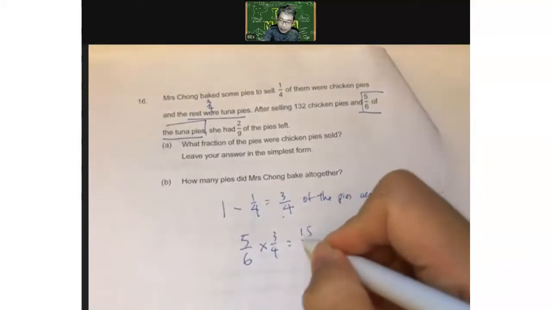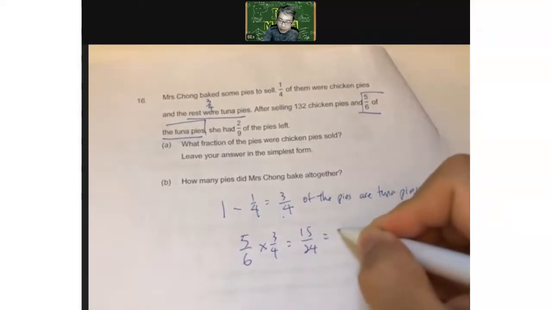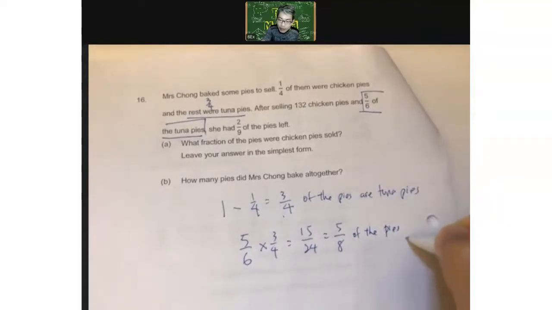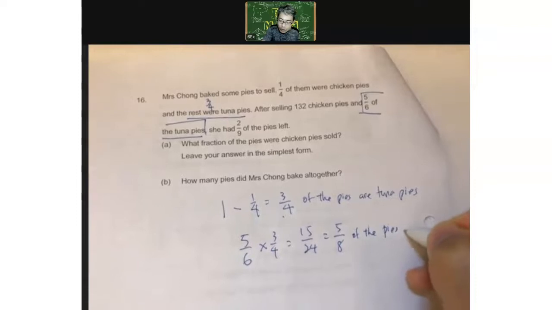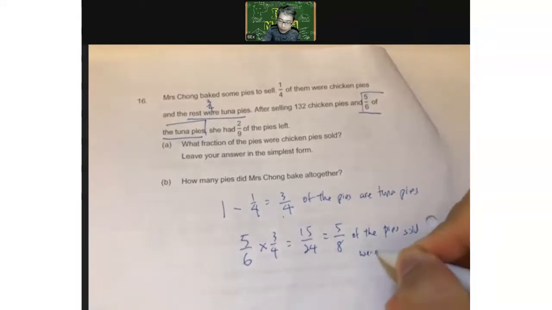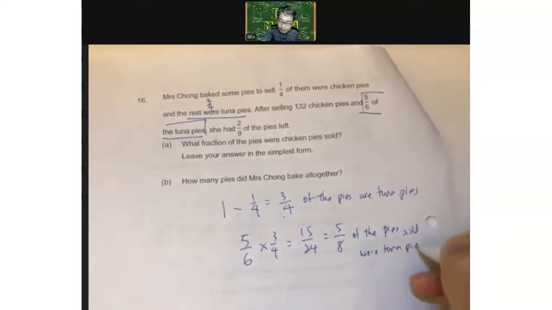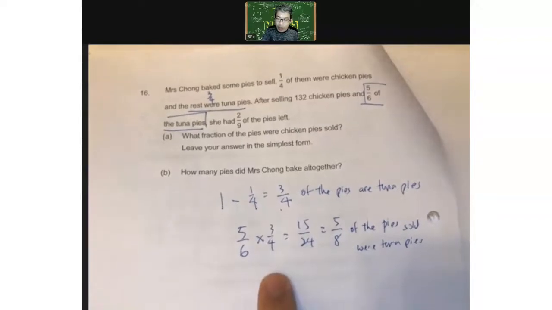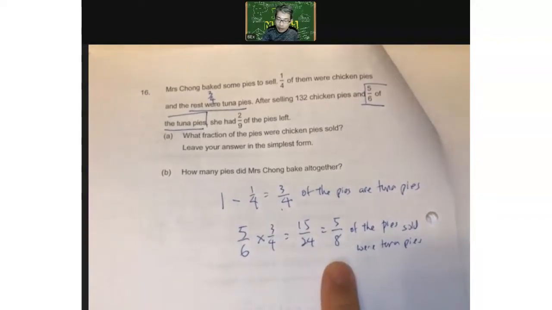That gives us, simplify, divide by 3, so 5/8 of all the pies sold were tuna pies. By working this fraction out, 5/6 of the tuna pies multiplied by the fraction of the total pies, which is 3/4 are tuna pies, we know that 5/8 of all the pies that were sold were tuna pies.